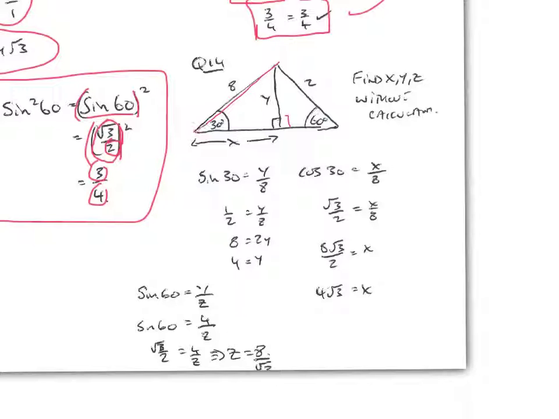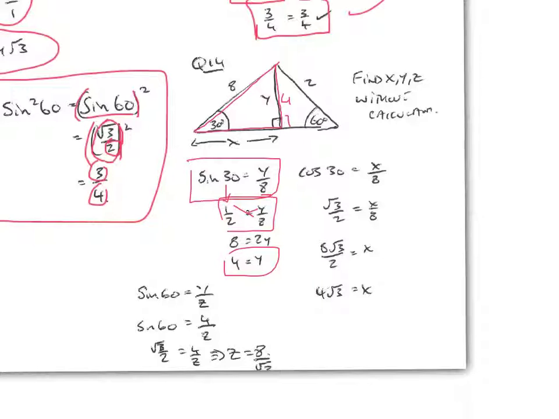So we have the angle of 30 degrees, so we should know when we see that, or 60, that we can look at our log tables for the ratio, page 13. But the sine of 30 is equal to its opposite over the hypotenuse, y over 8. But that's equal to a half, is equal to y over 8. So that means 2 times y, if we cross multiply, is equal to 1 times 8, so y is equal to 4. Okay, so now we know that y is equal to 4.